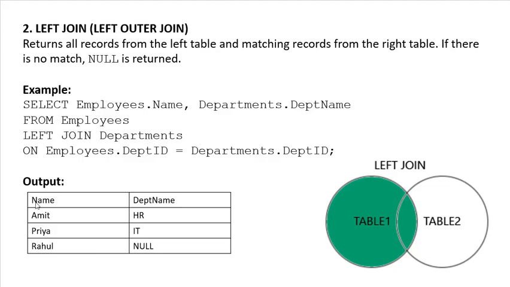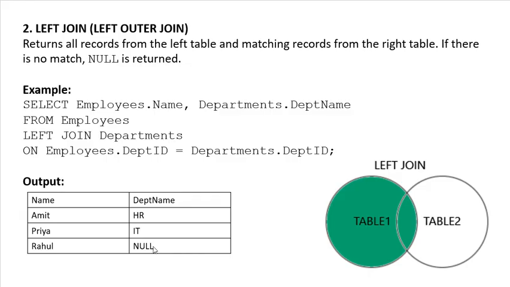So the output is names and department. Amit's department is HR, Priya's department is IT, and Rahul is not given any department, so it is null data.